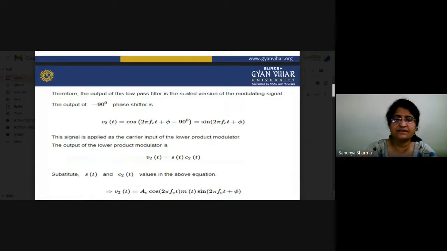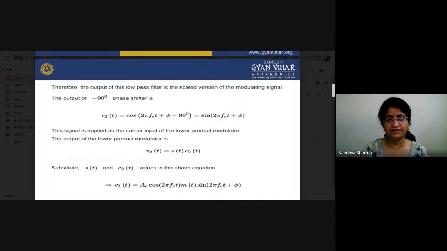So there is a carrier signal also, and you can see how you can arrange your carrier signals and the product modulator s(t) into c2(t), and you can put these values.